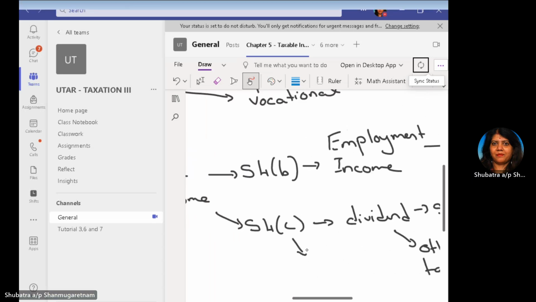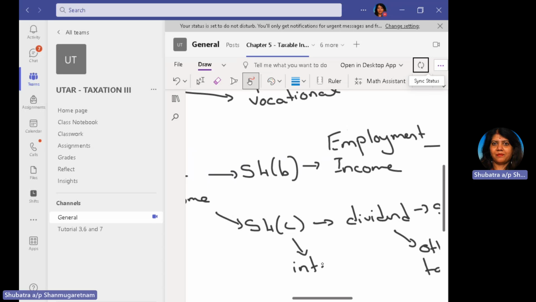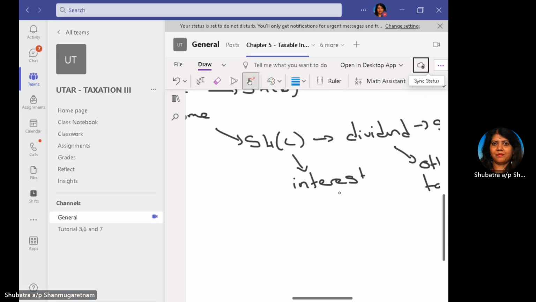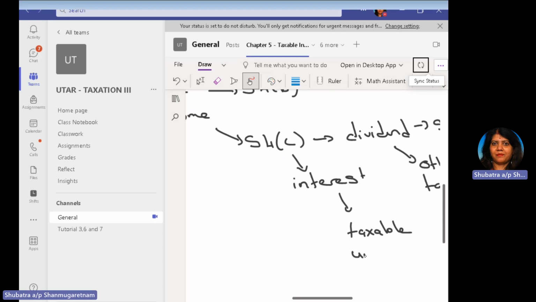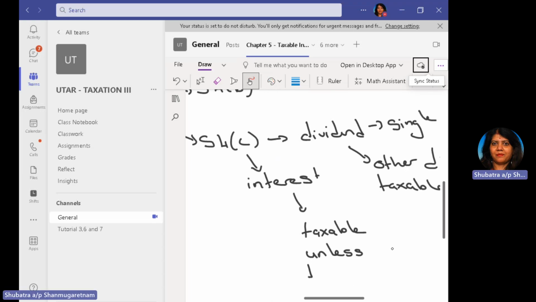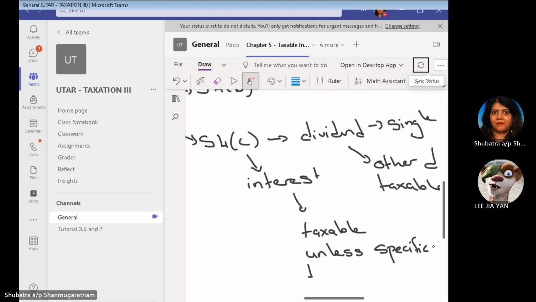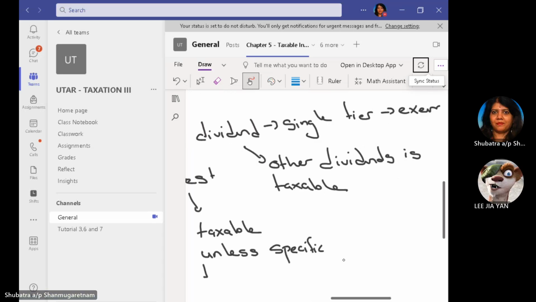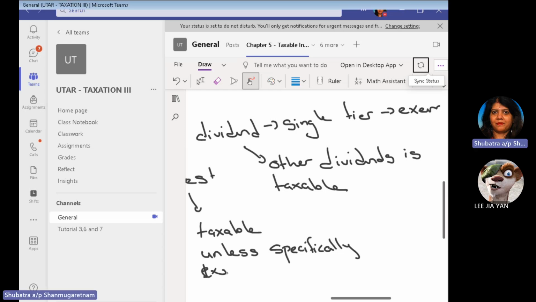Interest. There is a certain category of exempt interest. All right? It is taxable unless specifically exempted.